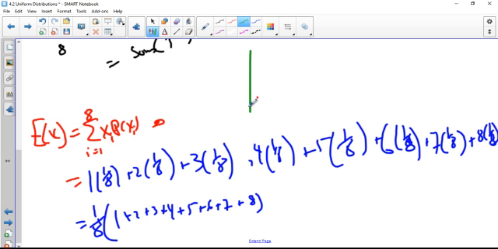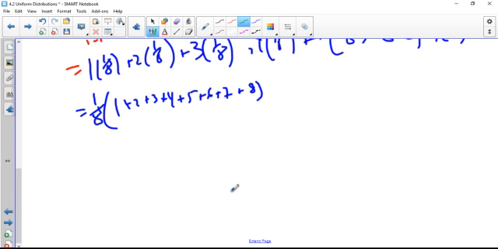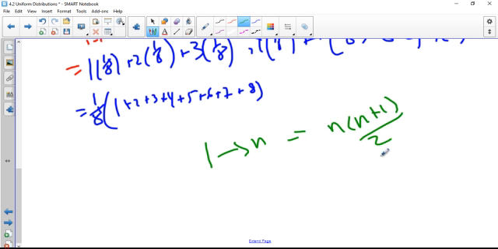Just as a bit of a side note, if you're adding up numbers 1 through n, a short form is taking n times n plus 1 and dividing it by 2. Does that make sense?